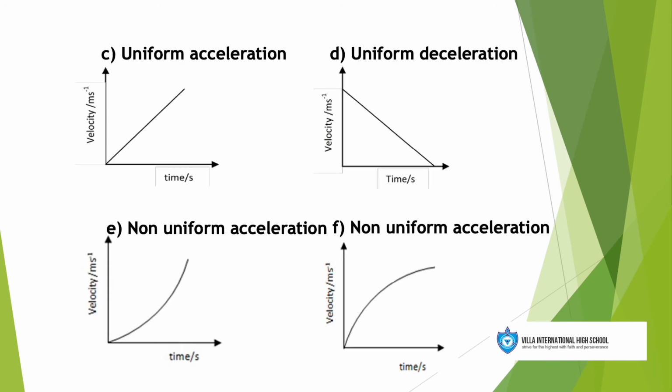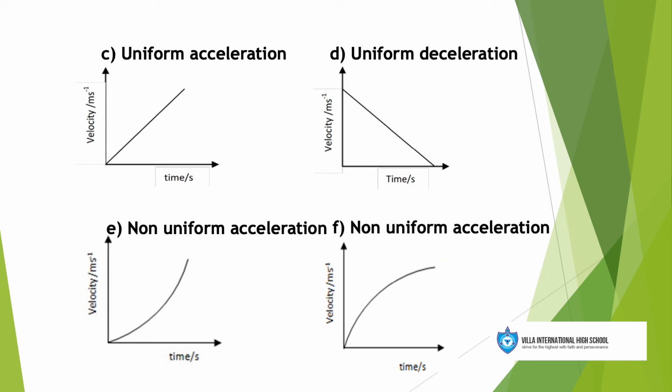uniform acceleration. Uniform acceleration means there will be an acceleration and that acceleration is constant. How can we say that from this graph? We can see that the graph represents a positive gradient. Positive gradient means there will be an acceleration.